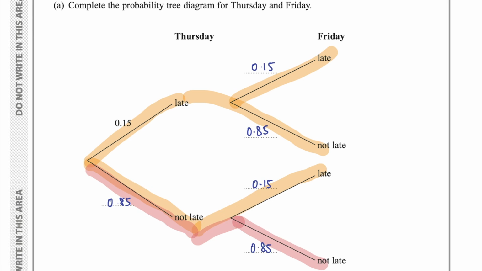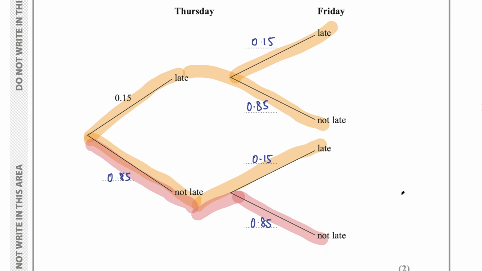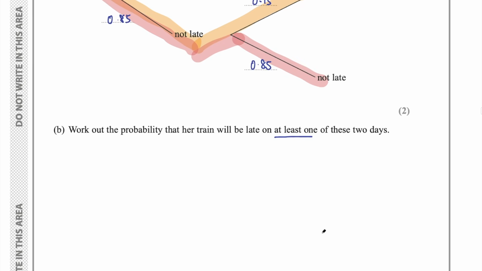So all we actually need to do here for a little bit of a shortcut is to work out the probability of being not late both days and do 1 subtract that, because all of these probabilities need to add up to 1. These are the total outcomes, so they all need to add up to 1. If we just work out this one here, we do 1 subtract that and we'll get our answer.